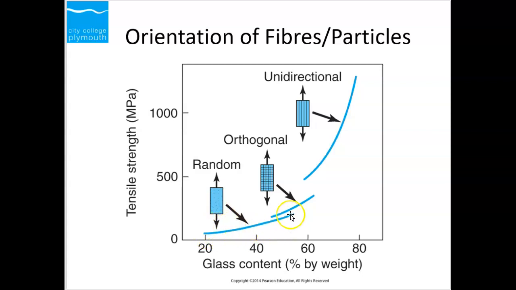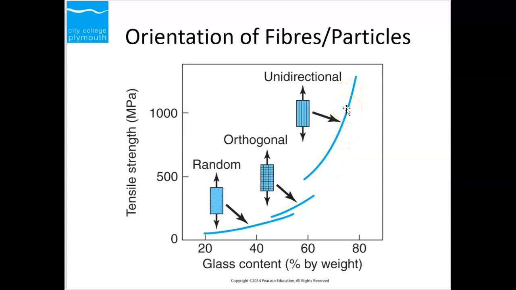I can add 60% and the strength will be somewhere around 180 to 200 megapascals. But if I have the orthogonal arrangement, with the fibers aligned in the x-axis and y-axis, put properly, the strength will go up to around 470 megapascals. But unidirectional, this is in tensile. If I put unidirectional fiber, the strength is going to increase massively.